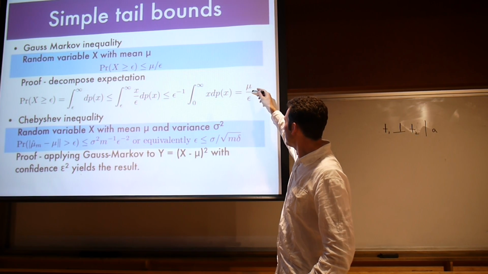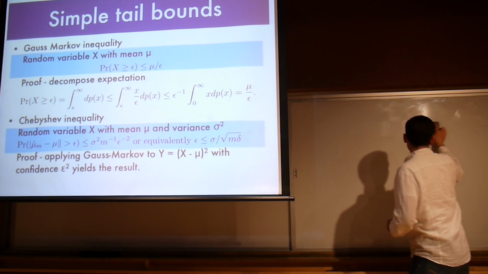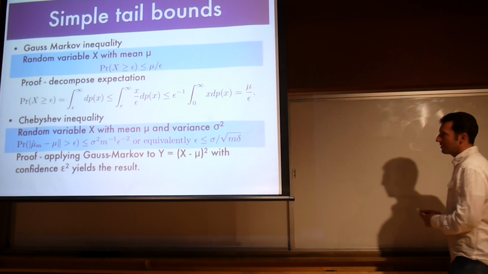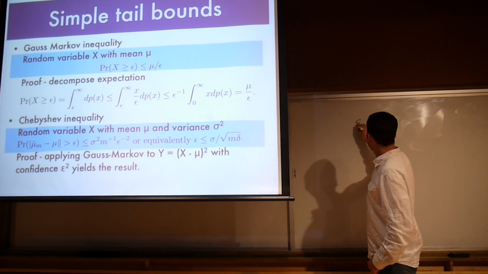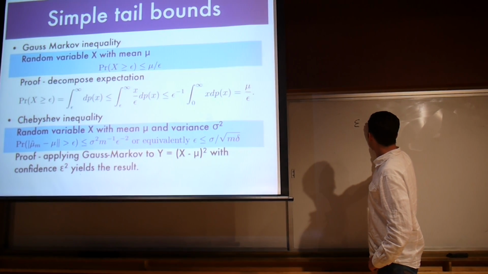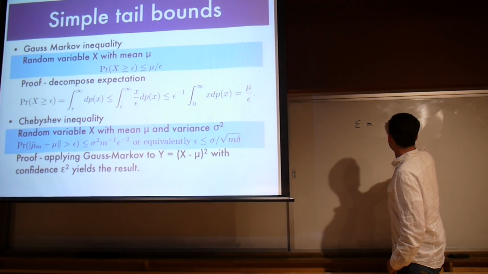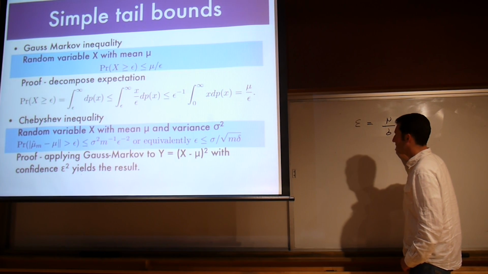So up here we had epsilon, let me write it down, because this is actually fairly interesting. Here we have that epsilon is given by mu over delta. Right.